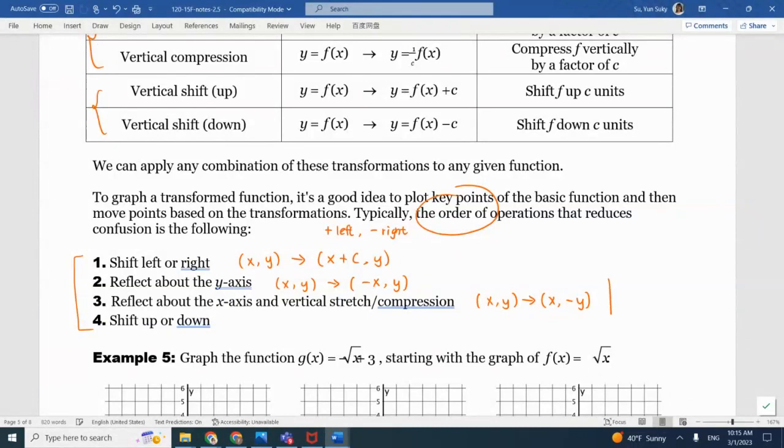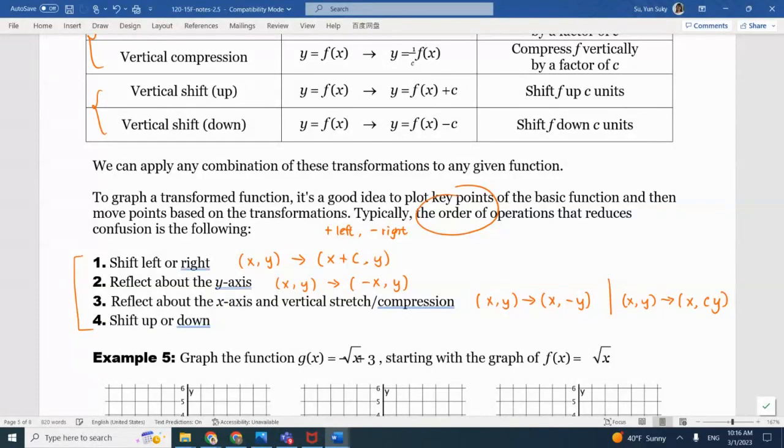And vertical stretch or compression. That means we are changing the y. We multiply it by a constant c. Why do we put them in the same step? Because your c could be positive, your c could be negative.